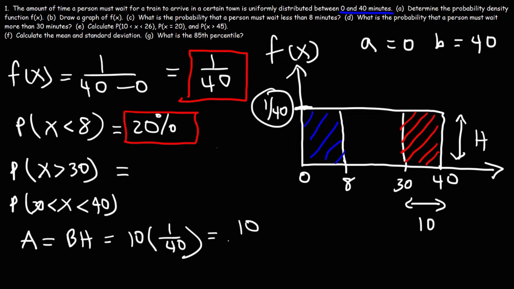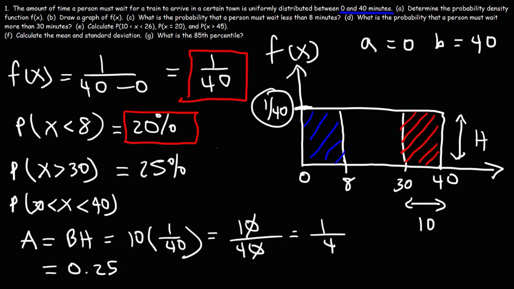So this becomes 10 over 40. If you cancel a 0, that's 1 over 4. 1 divided by 4 as a decimal is 0.25. If you multiply that by 100, you get 25%. So there's a 25% chance that the person must wait more than 30 minutes for the train to arrive.